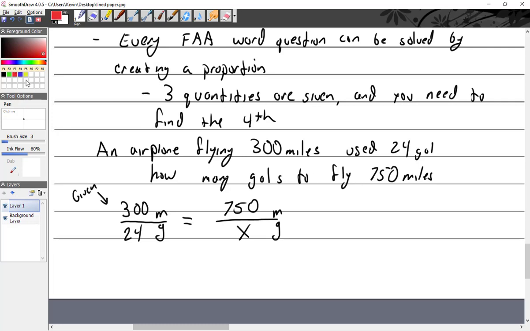To solve this, you have to cross multiply: multiply this times that and this times that. 300 times x is just 300x.